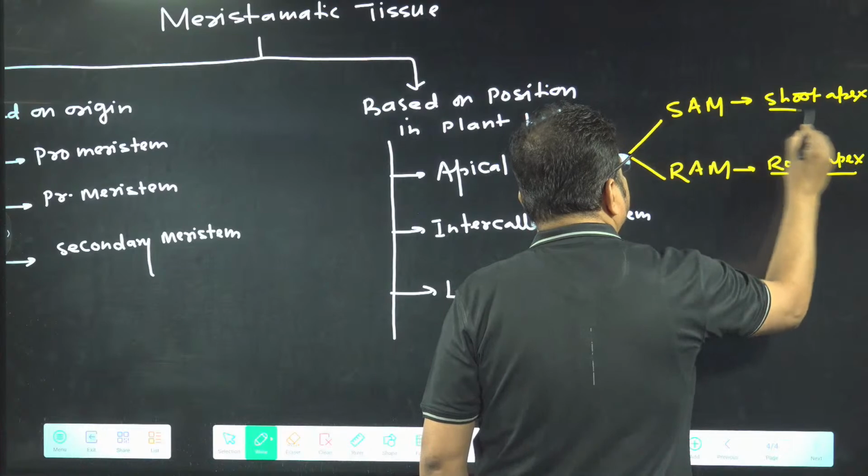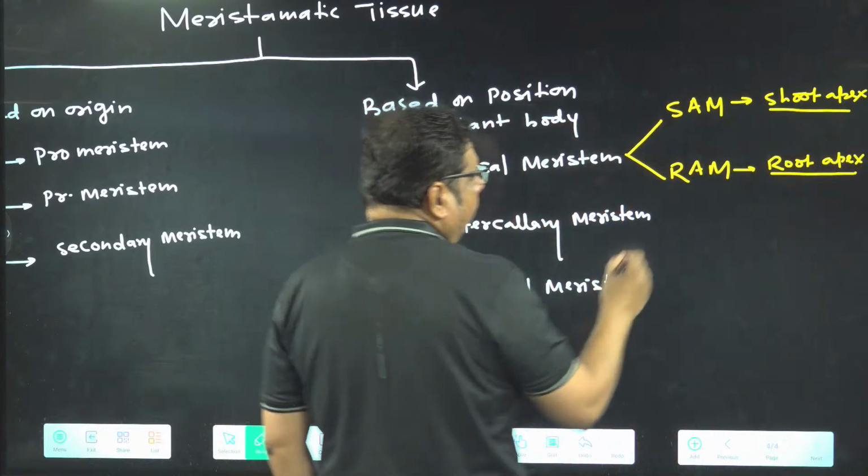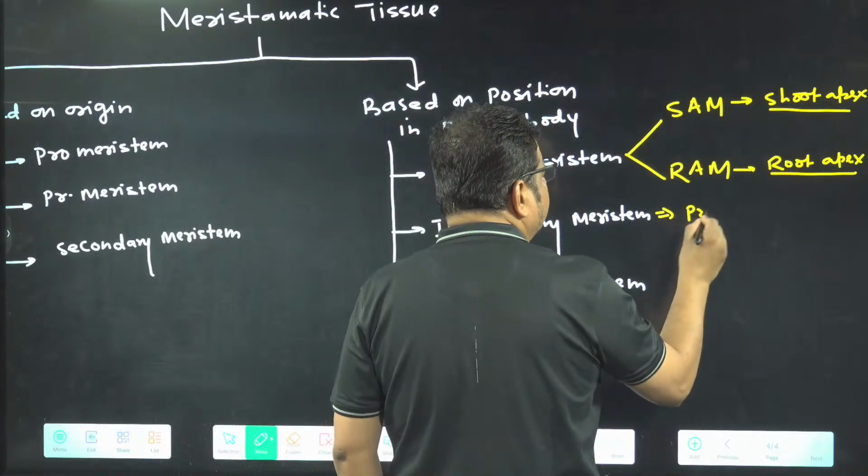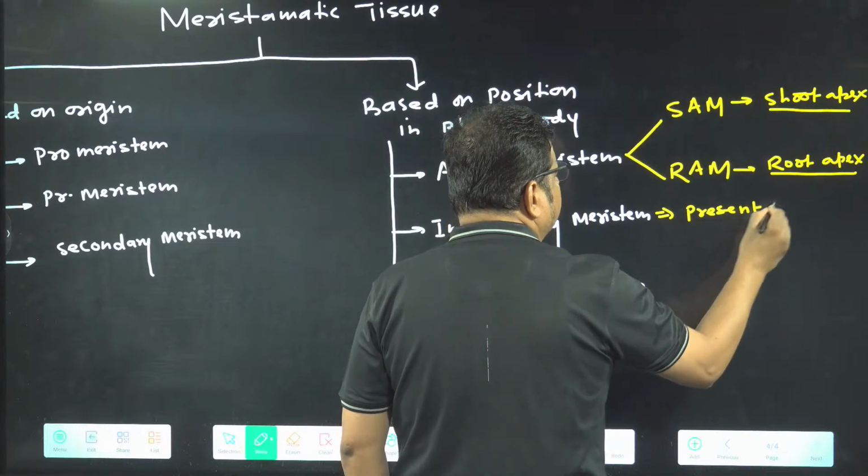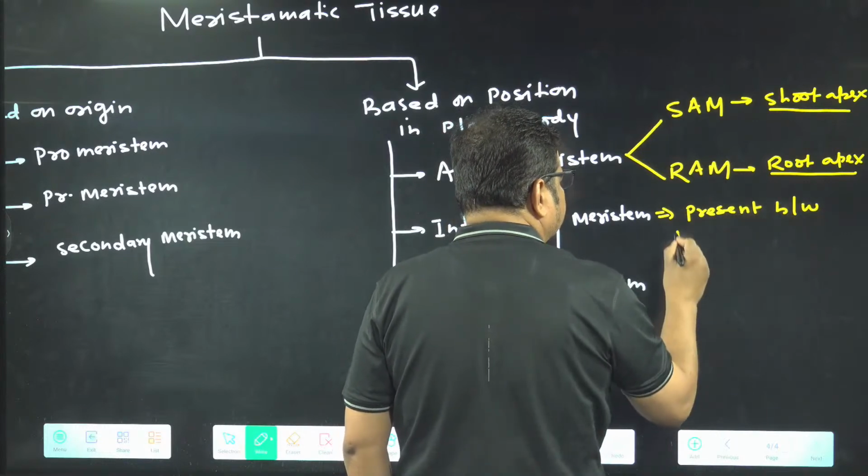Is it clear? If you talk about intercalary meristem, it is present between permanent tissue.